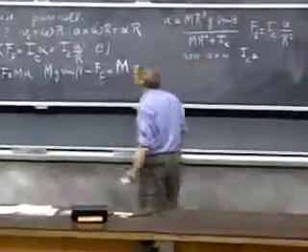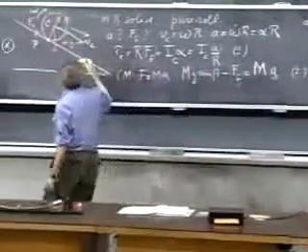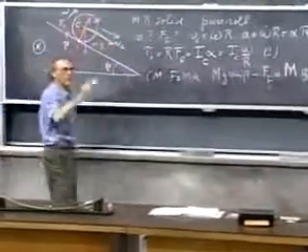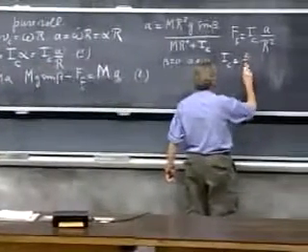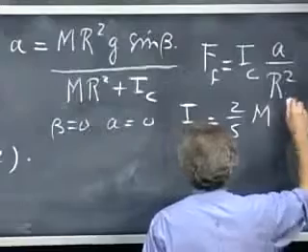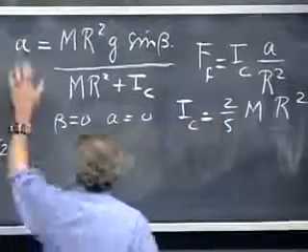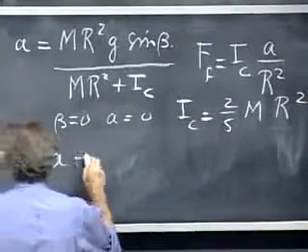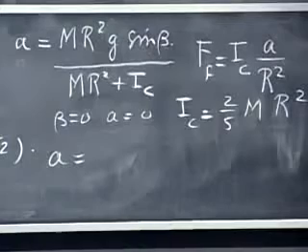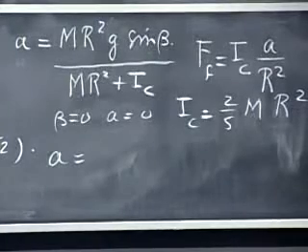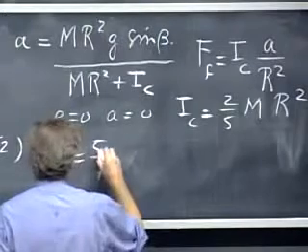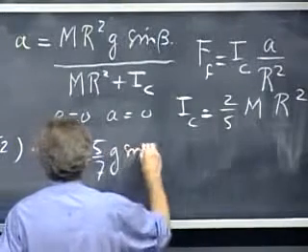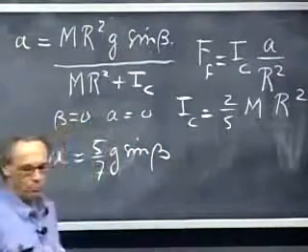So let's now look at I of C. What is I of C? I look it up in the table. A ball, a sphere, rotating about an axis through the center of mass. It's one of the few that I happen to remember. It is 2/5 mr squared. If I substitute that in here, I'll find that the acceleration under the conditions of pure roll is 5/7 g times the sine of beta.